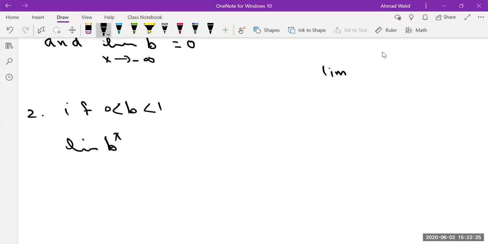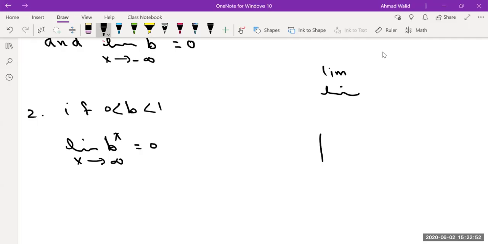When I write something like this, take it as a limit, right? This is my limit. The limit of b to the power of x as x approaches infinity always gives you 0.